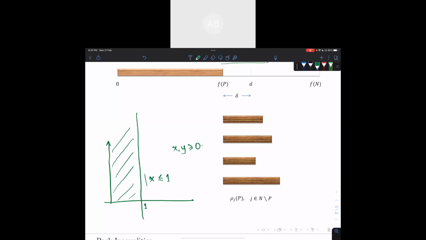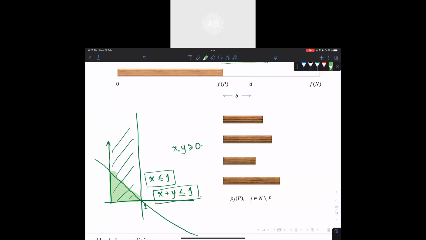So this inequality is weaker than this inequality, because it chops off a much smaller set.